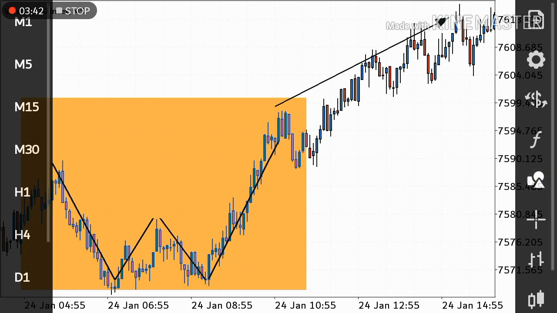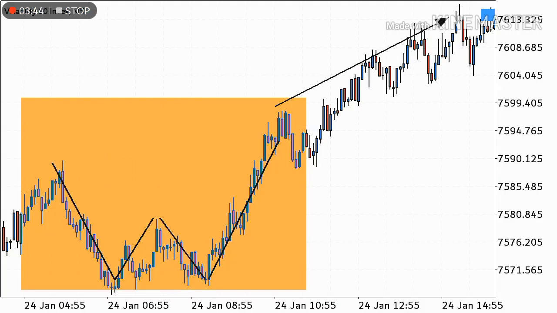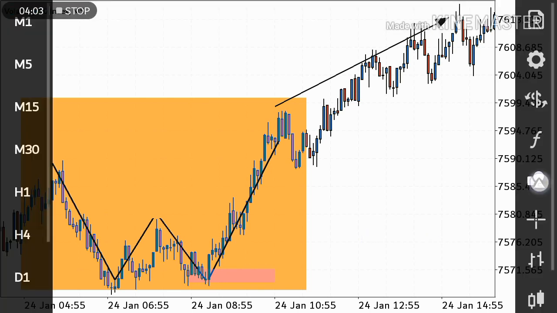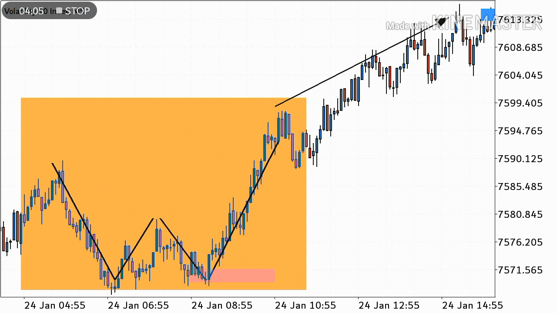So here is the basic point. Once you see a W pattern, you have to start the trade from this point. Start the trade from this point and take the position at the second leg's middle point.